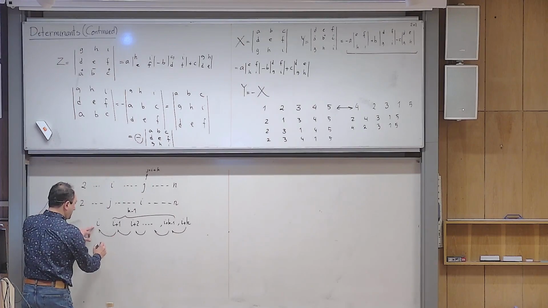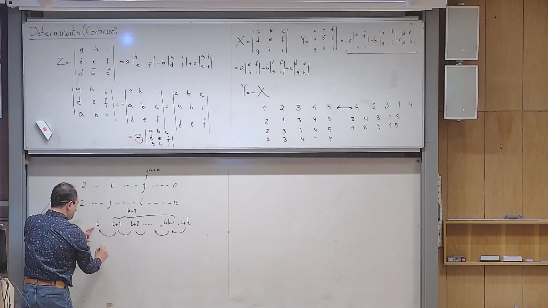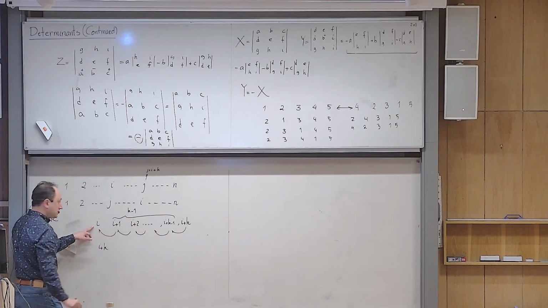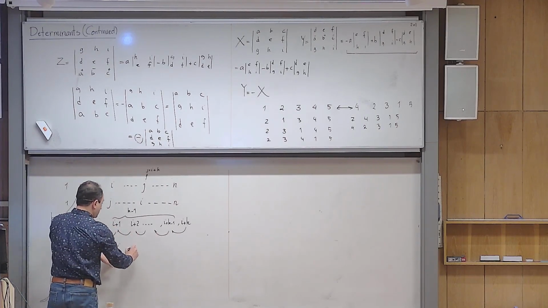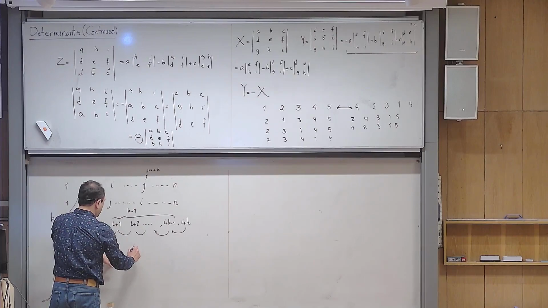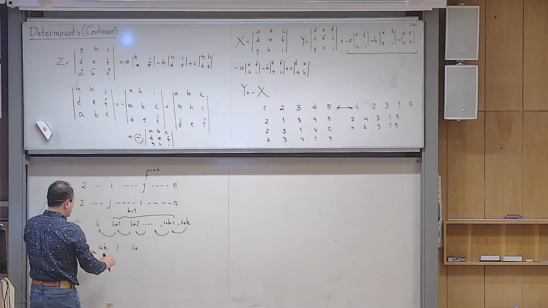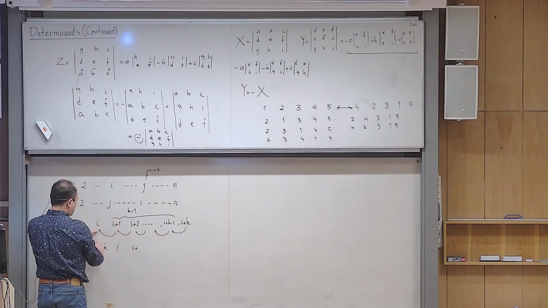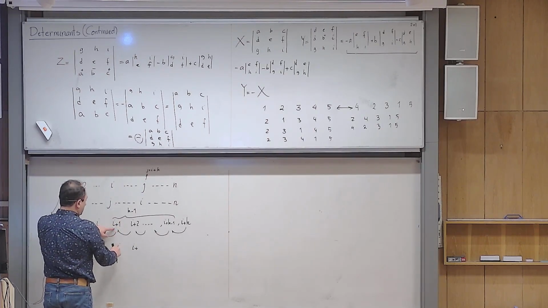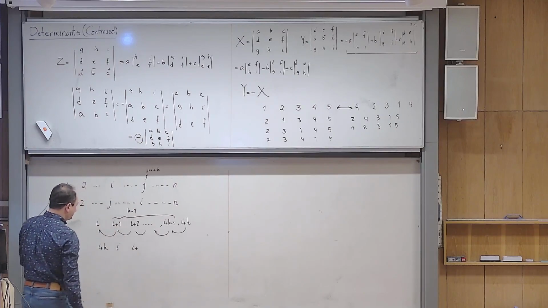Now what is the situation? I plus k is now sitting here, I is sitting here, and then I plus 2 is sitting here, is that right? No, I plus 1, since we interchanged that here. So I plus k is now sitting here, I is here. Can you tell me what is the next one?